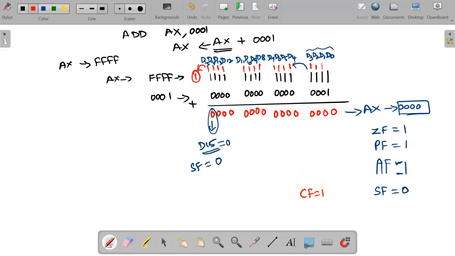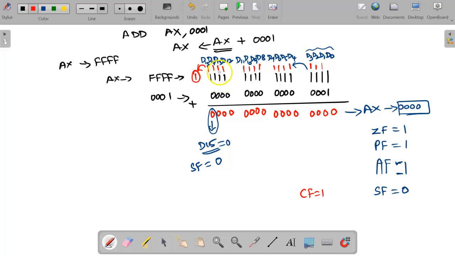And then the next flag is the overflow flag. So what is the condition for the overflow flag? Here when you have the carry from the D14th bit to the D15th bit and there is no carry from the D15th bit, then only will the overflow flag be 1. So when we check here, 1 and 0 we have.